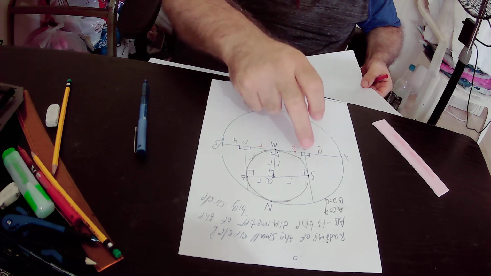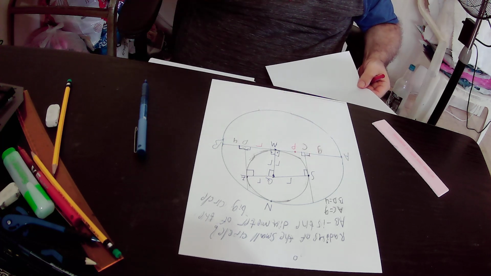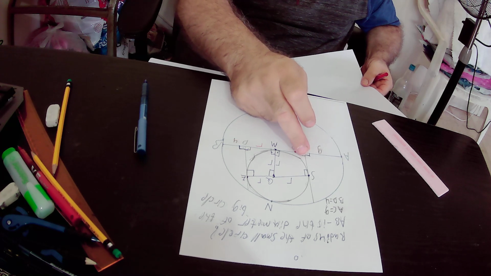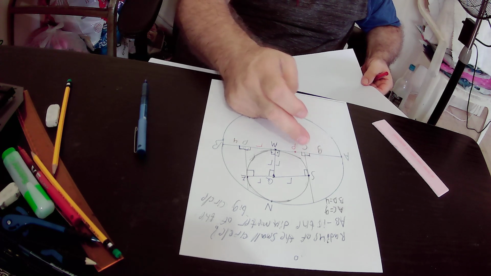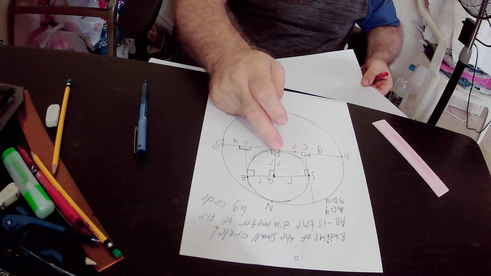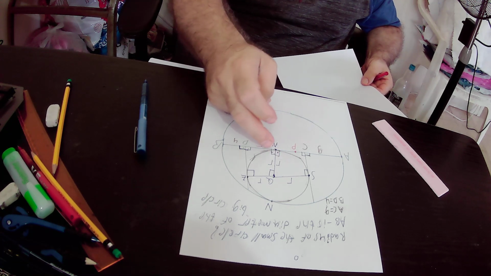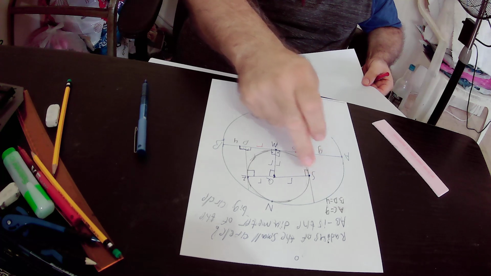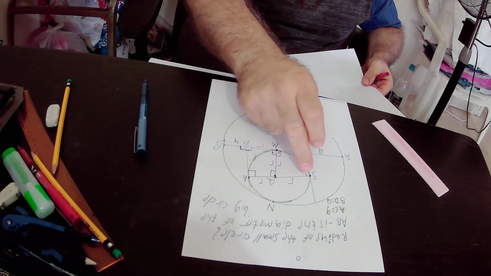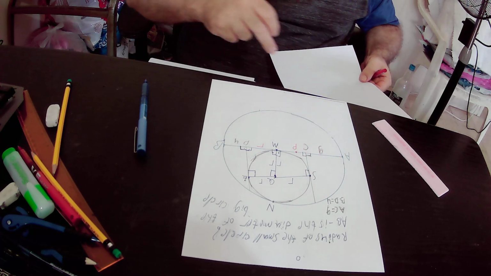All those three angles are right angles. This angle is a right angle because it is given us in the question. This is a right angle because the radius is perpendicular to its tangent, and this is a right angle because of the fact that the radius is perpendicular to its tangent.